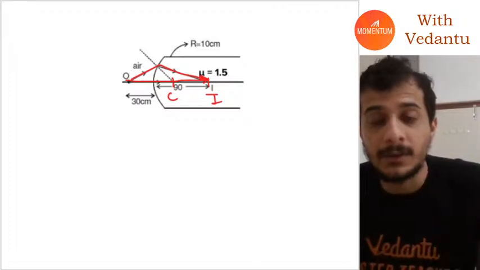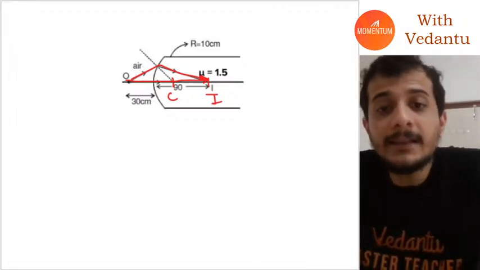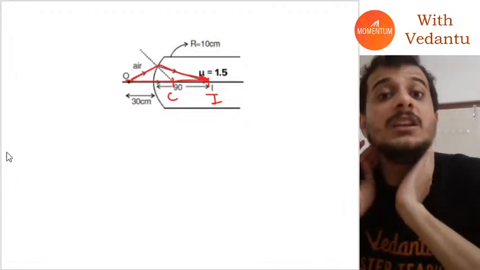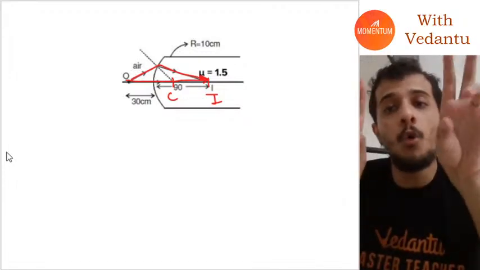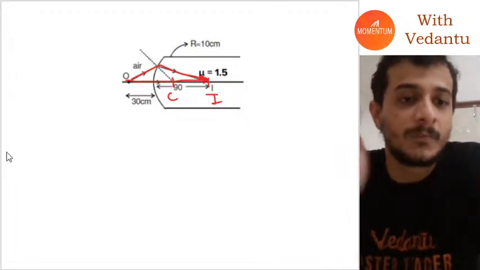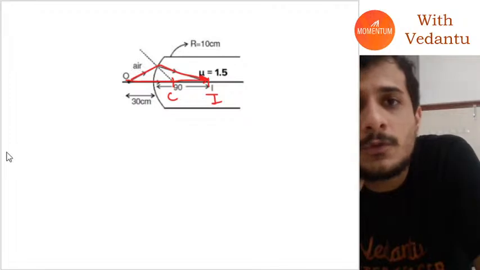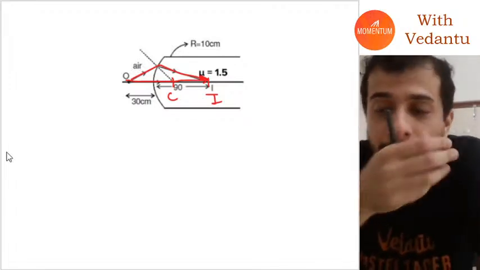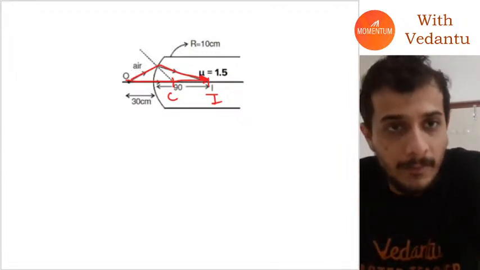Now guys, if you have refraction at a spherical surface, then here we need to define something called focal length. And in order to define focal length, we need to first define what a focus is.